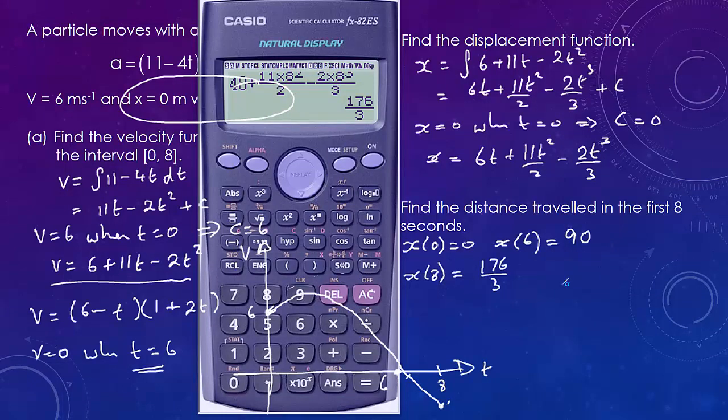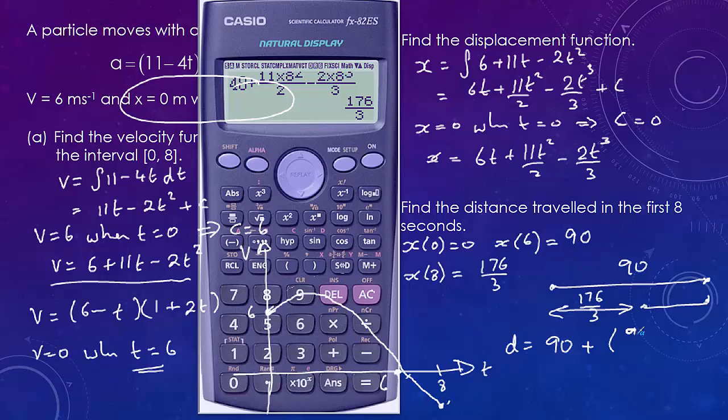So the object started at 0, it's gone out 90, and then it's come back, so that this distance here is 176 over 3. So the distance travelled is going to be 90 plus 90 take away 176 over 3, which will be this distance just here.